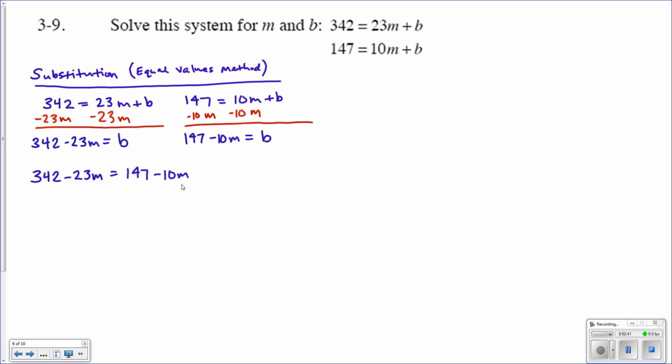Next step is just to go ahead here and solve. Let's get our variables together. So we're going to add 23m to each side. And we now have 342 equals 147 plus 13m.